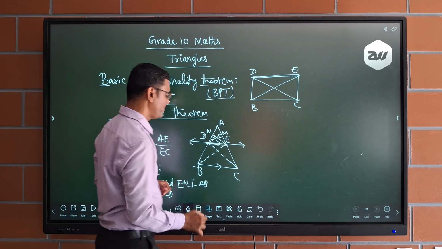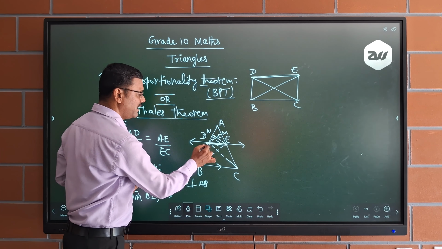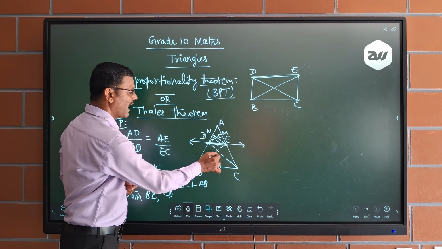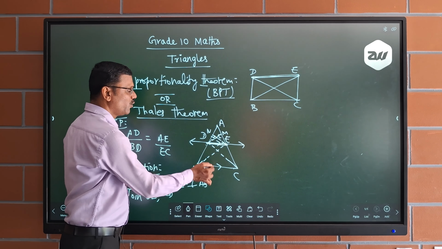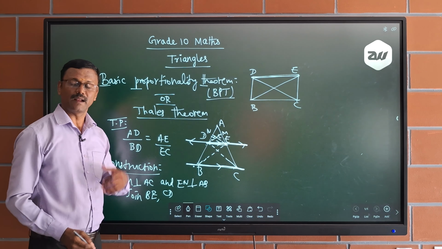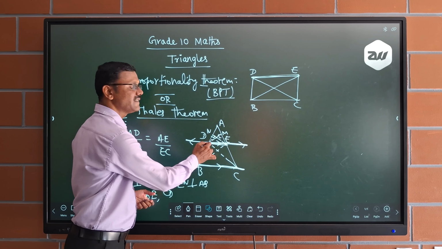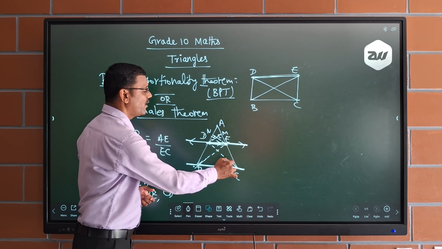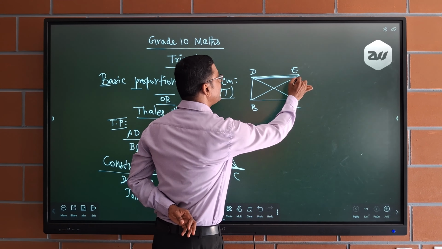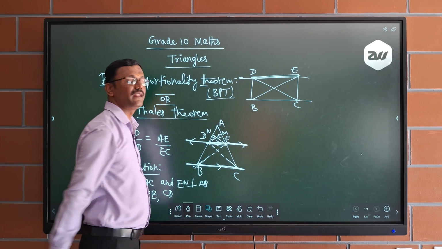So two triangles, BDE and CDE, have the same base DE and both are between the two parallel lines BC and DE. Already we have studied in 9th: two triangles having the same base and between the same two parallels are equal in area.